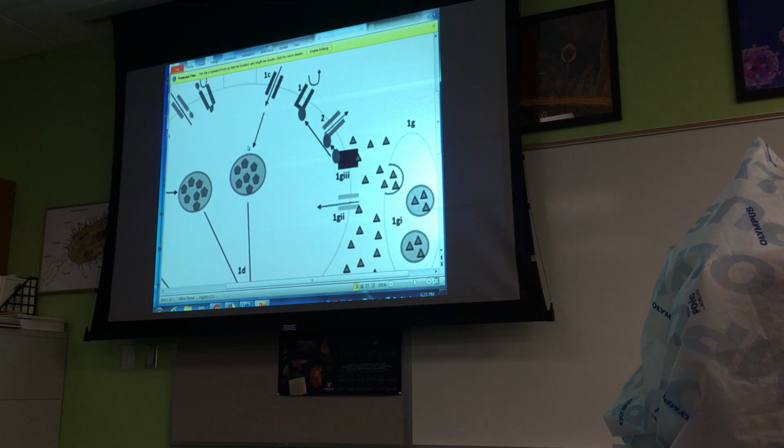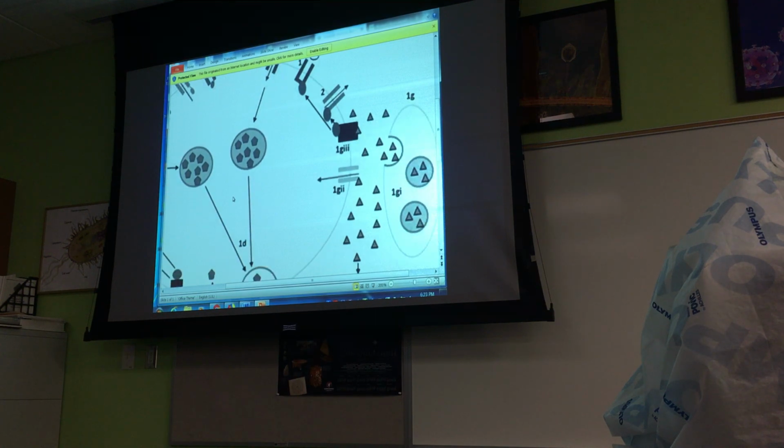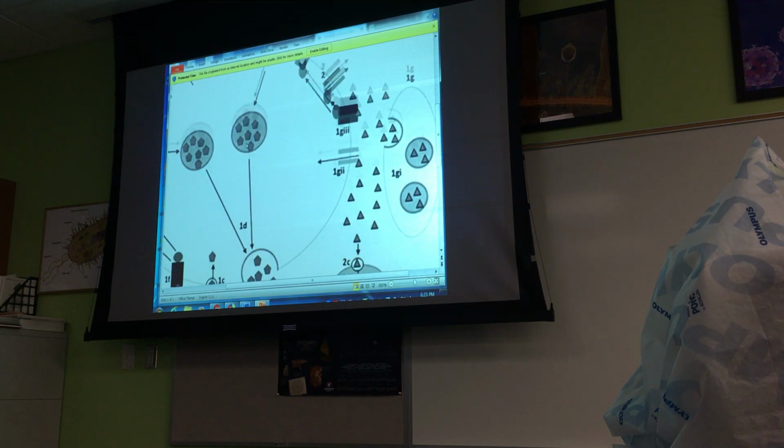No calcium coming in, no exocytosis. It just won't happen. So now the axon won't release the neurotransmitter.